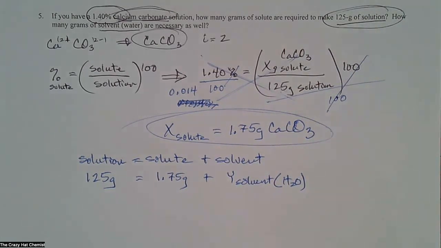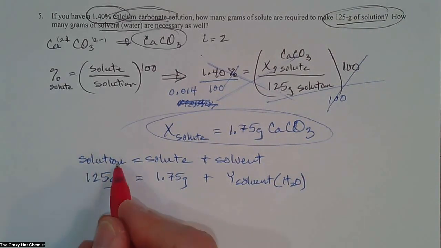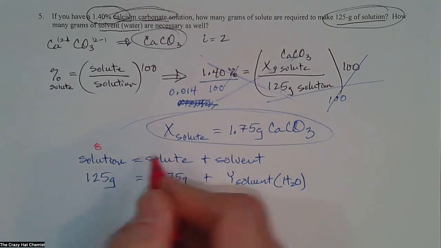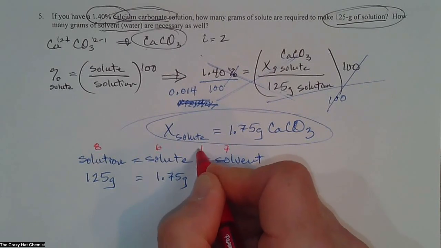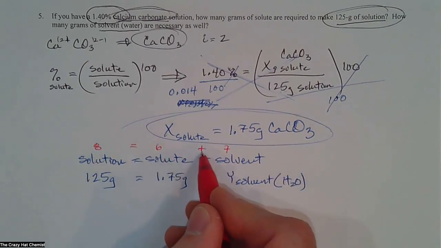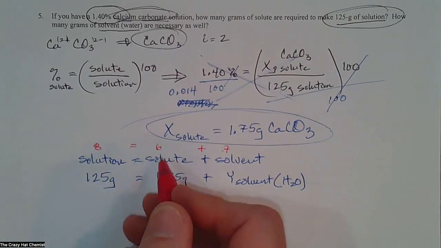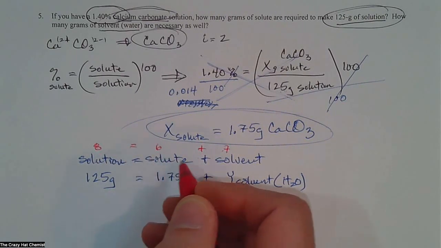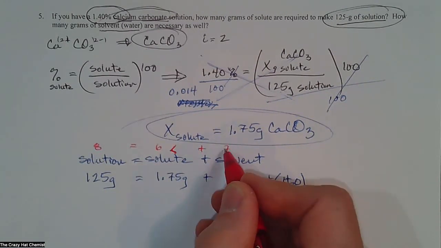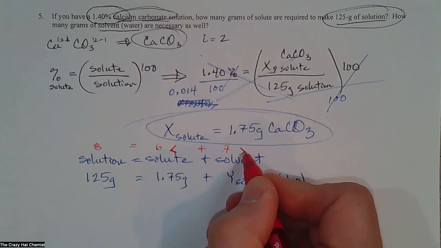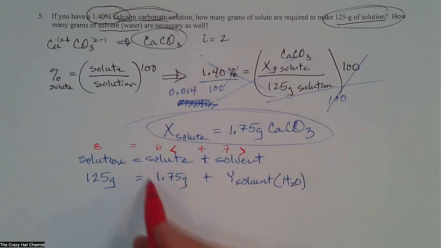And just so that you are remembering this, solution has 8 letters in it, solute has 6 letters, and solvent has 7. So again, this is when 6 plus 7 is equal to 8. Solute has the fewest number of letters, so it's in the least abundant component. It is the least abundant in comparison to the solvent, which has more letters, so it's in the larger abundant component. And that means that this number, 1.75, is going to be less than this number over here, okay?